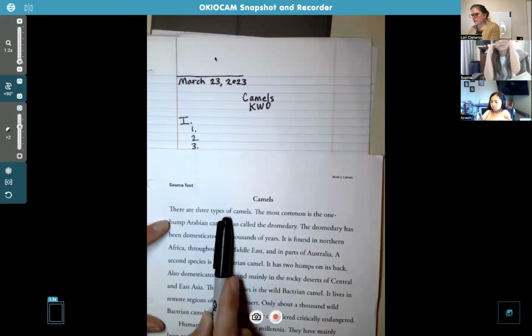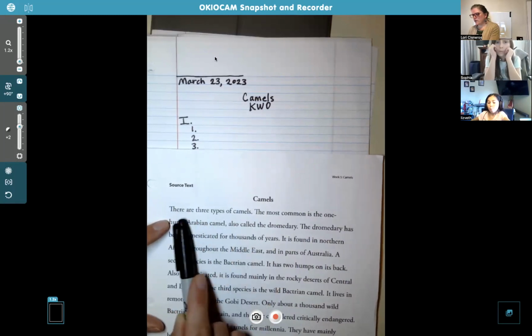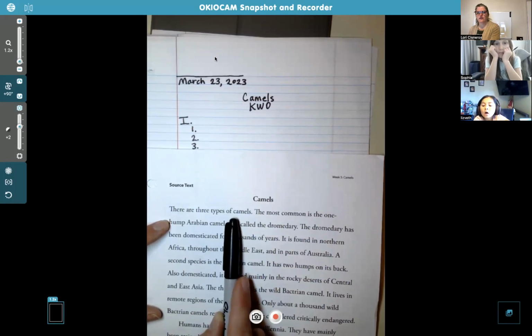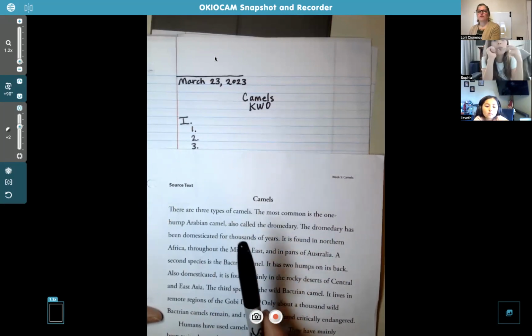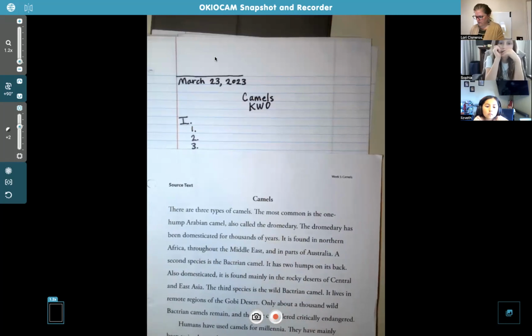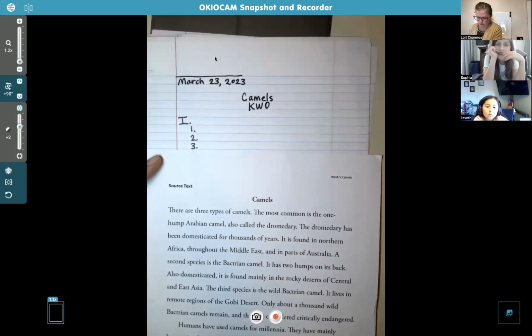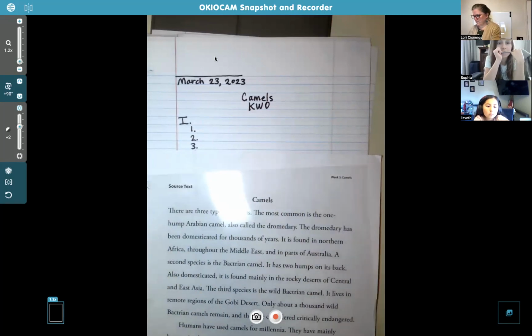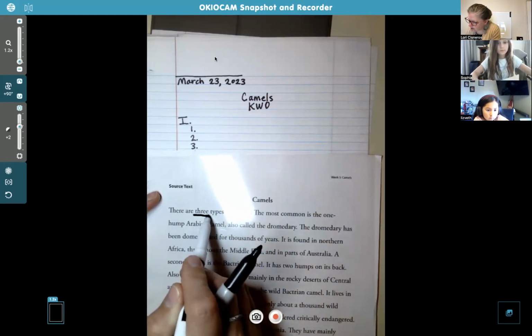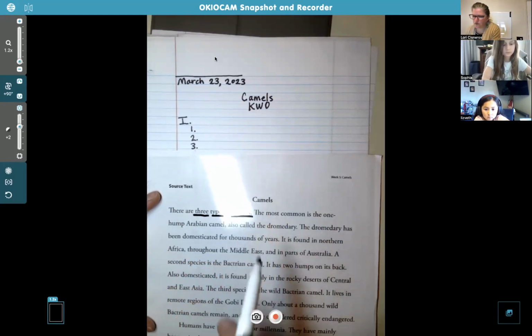Tell me what keywords are in that sentence. 3. Yes. Camels. Yes. Types. Yes. And you can underline those: 3 types camels, if that helps you.